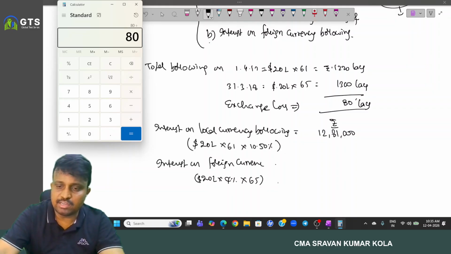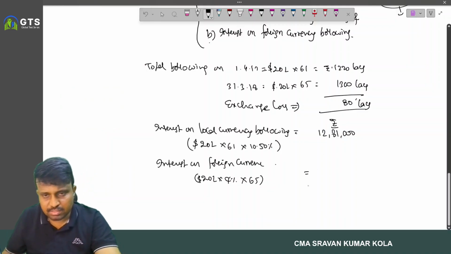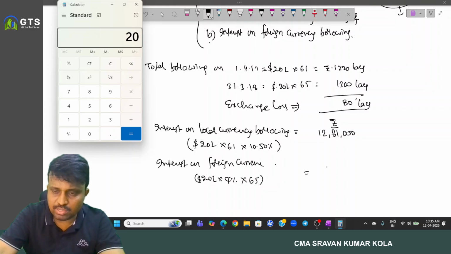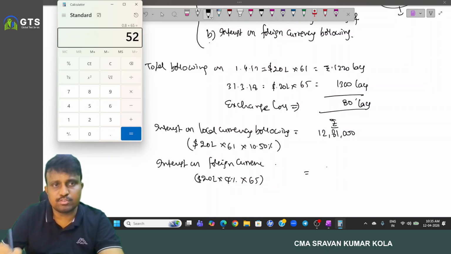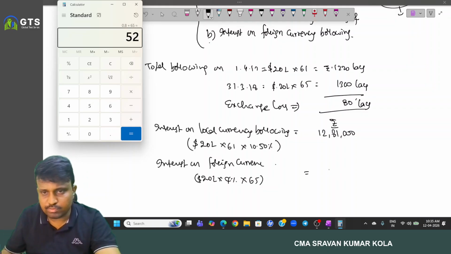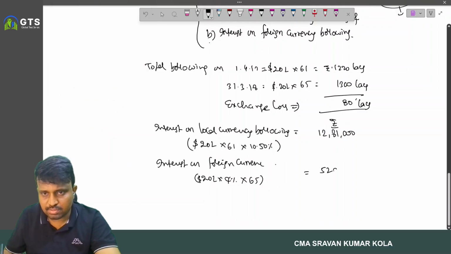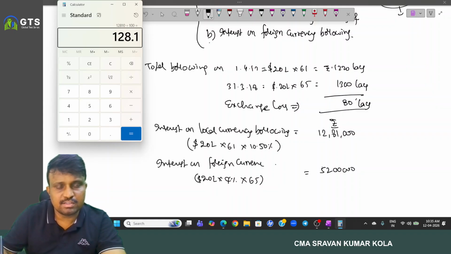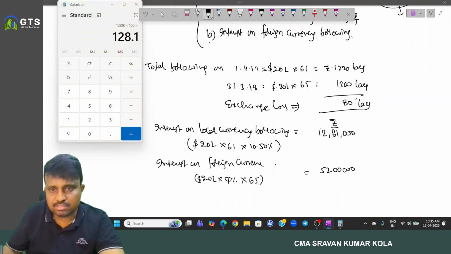So 20 lakh into 4 by 100 into 65, that is 52 lakhs. And the first one, 20 into 61 into 10.5 by 100. Sorry, 1 crore 28 lakh. This is the one.